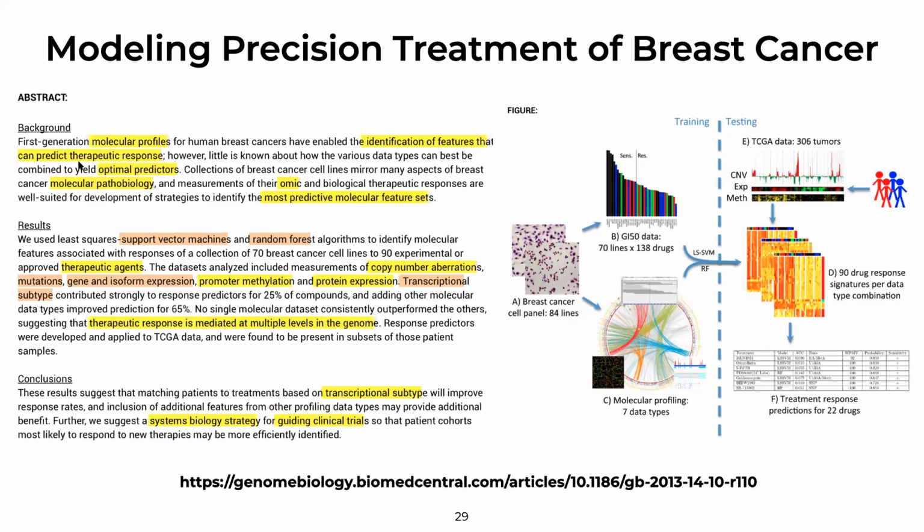And here we see the objective, right? Can predict therapeutic response. So in the context of this paper, what they are proposing is a method of analysis, right? So here you can see that they are proposing a very specific method or an algorithm that can help enable to identify molecular features. Again, we talked about what those features are, associated with responses for different types of breast cancer cell lines.